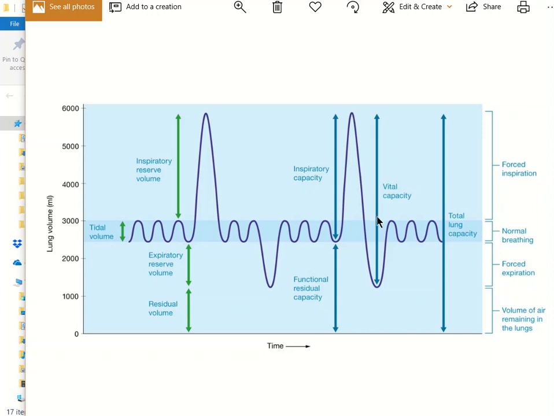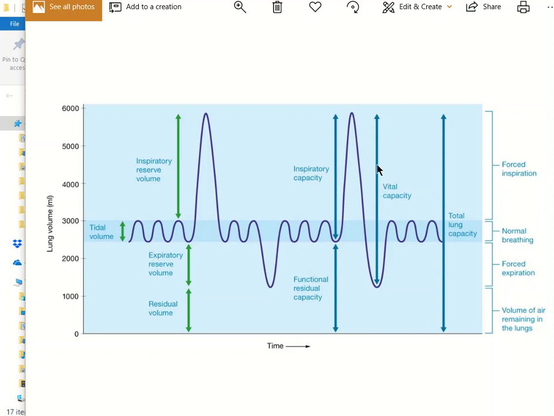Vital capacity is really a measure of the amount of air that your lungs can hold. It's also a measure of the strength of respiration. Your book will refer to it as the total exchangeable air.